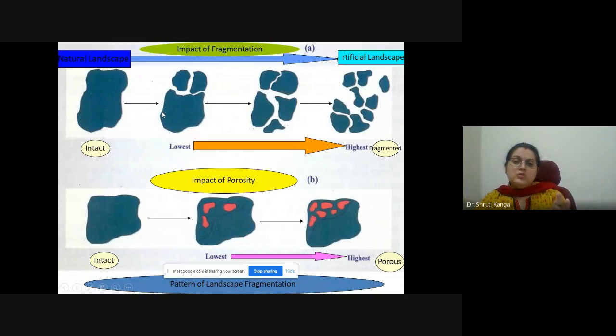And slowly the fragmentation, which was only one in maybe 1991, will be 10 in number in 2001, and 20 in number in 2020. So this is the impact of fragmentation. If there is one fragmentation, maybe with time it will increase.